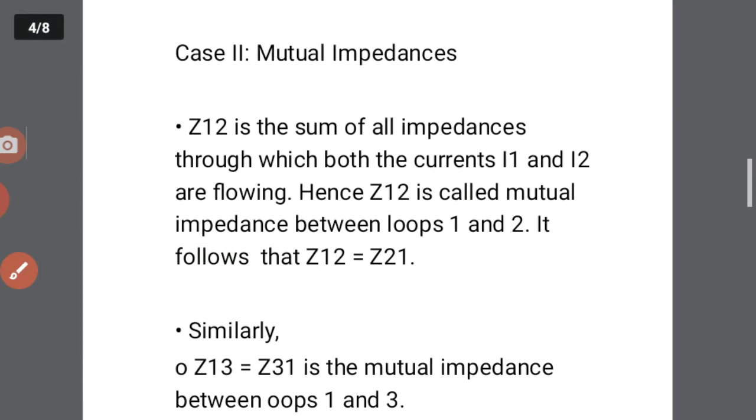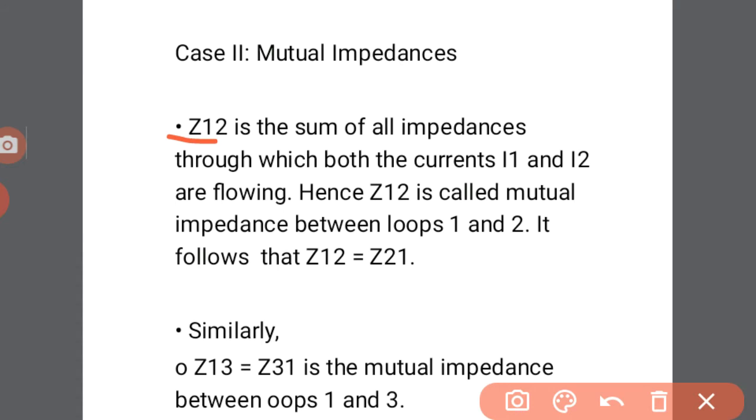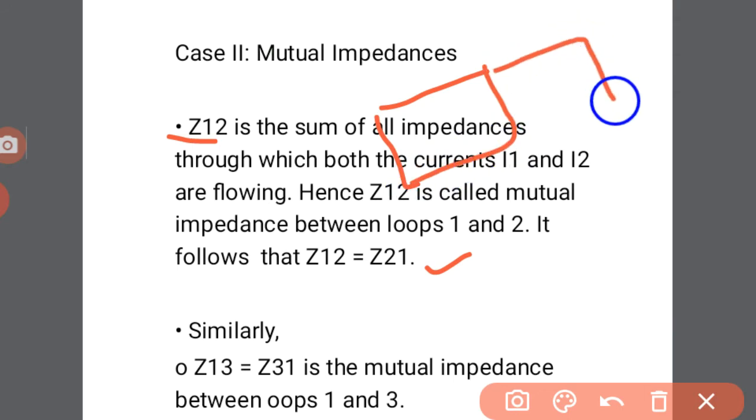Next, go for the mutual impedances. In mutual impedances, the first one, Z12, is the sum of all impedances through which both the currents I1 and I2 are flowing. Hence Z12 is called the mutual impedance between loop 1 and loop 2. It follows that Z12 is equal to Z21. Suppose this one is our first loop and the next one is the second loop.